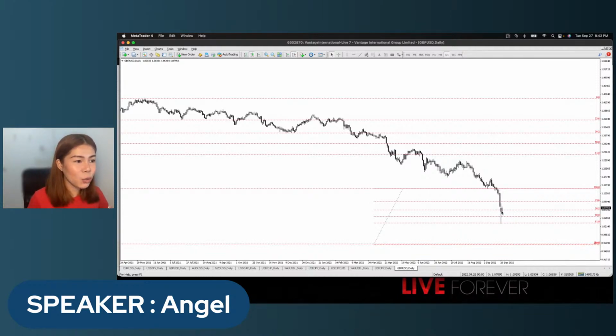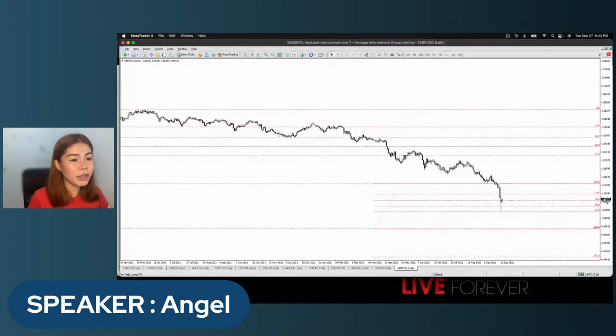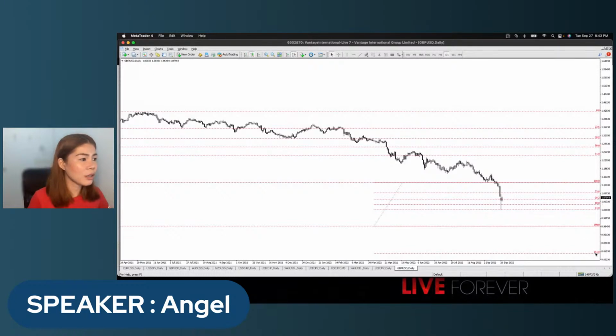And this is showing that the downtrend for the meantime is not that strong because it's already above 50 level. Downtrend is still intact, but not that strong anymore because it's above 50. But if it goes all the way down there, then we have further supports over there.